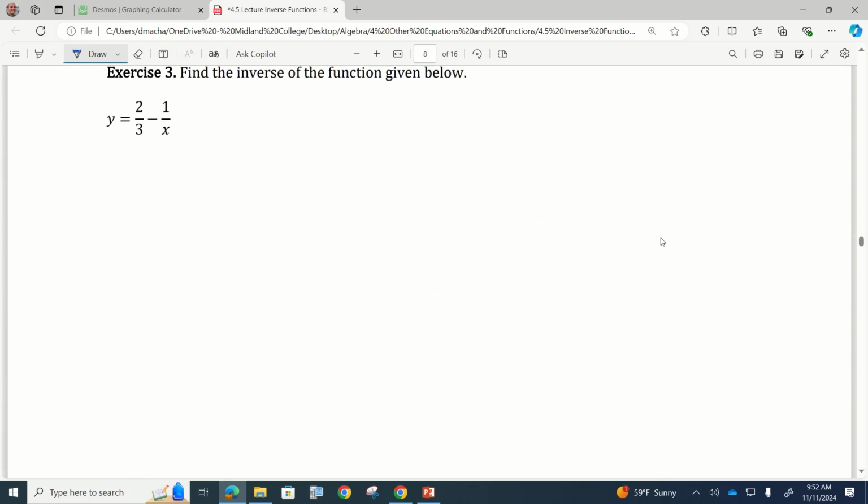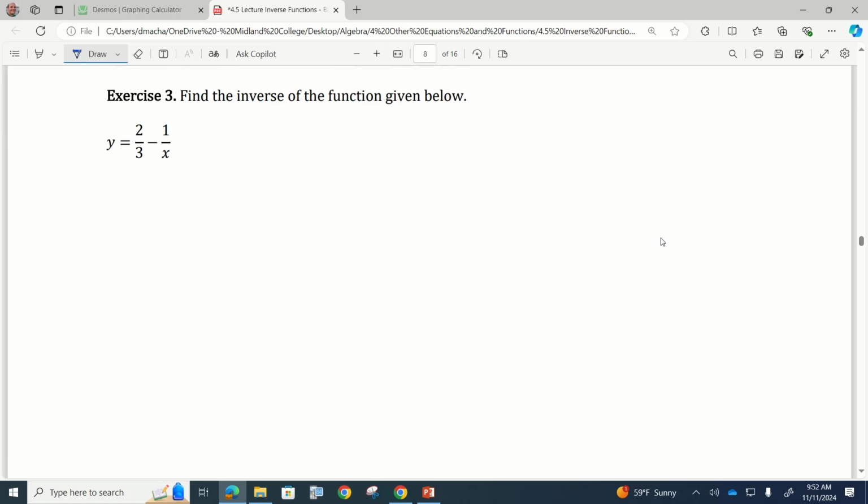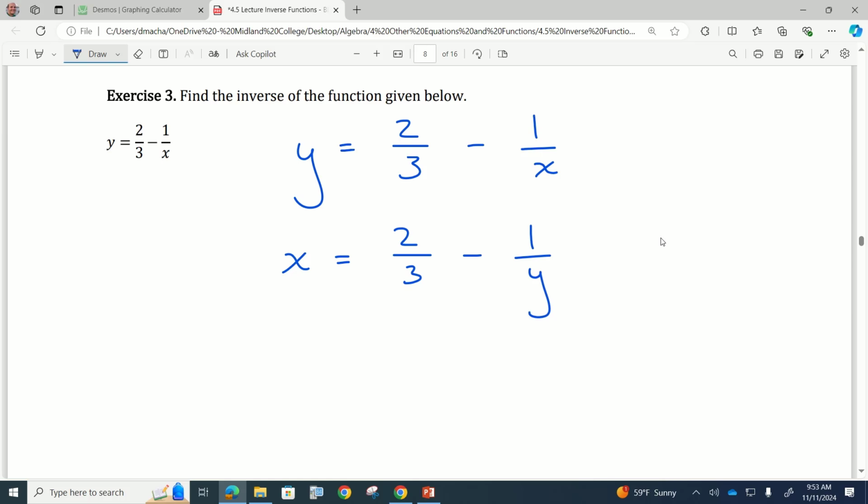Let's do it again. We're going to look at this function, y equals 2/3 minus 1 over x. And then we're going to swap x and y. So every y becomes an x, and every x becomes a y. And now we try to solve explicitly for y. I'm going to subtract 2/3 from both sides.